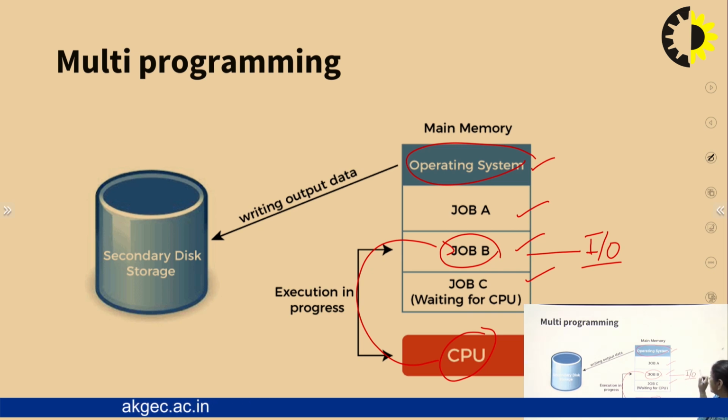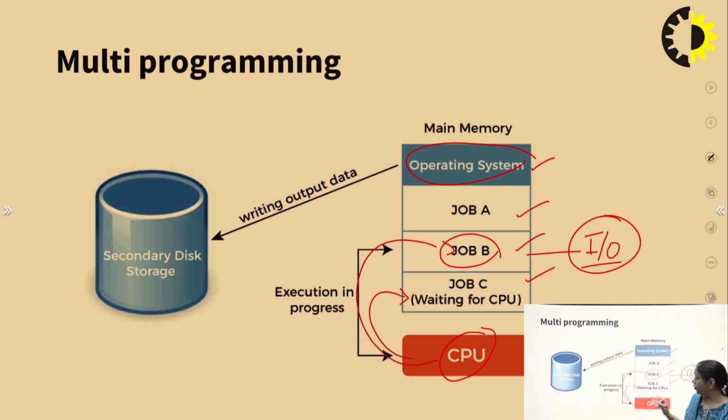Now the IO devices' work will be started. At that time, the CPU will be given to another job, job C, because we want to utilize the time of the CPU. If we keep the CPU idle, then the efficiency of the system will decrease. So when job B is going for the IO request, the CPU will be allocated to another job, which is known as job C. And in this way, in multi-programming, the CPU time will be utilized.